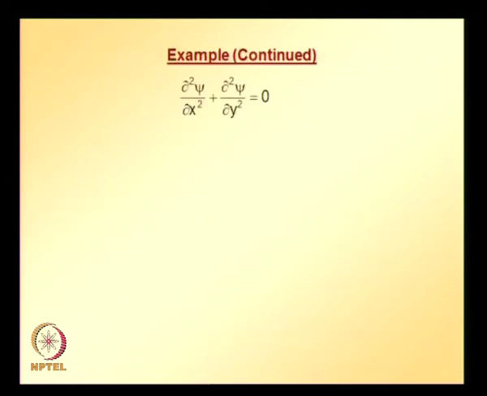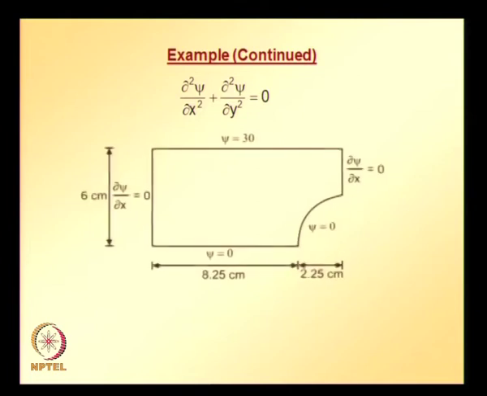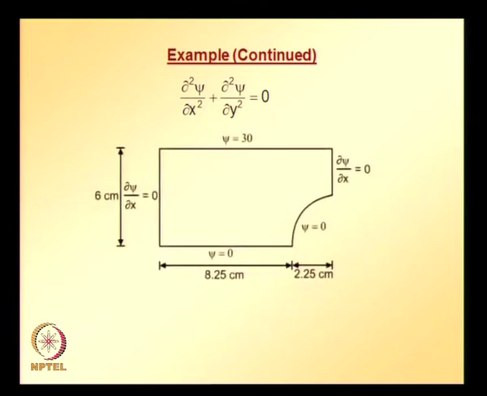And now we require to solve this differential equation subjected to these boundary conditions. So, proceeding in the way that is explained, we can get the element equations, and once the element equations are obtained, we can assemble the global equation system and impose the essential boundary conditions. Here essential boundary conditions are psi is equal to 30 on the top face, psi is equal to 0 on the bottom face.